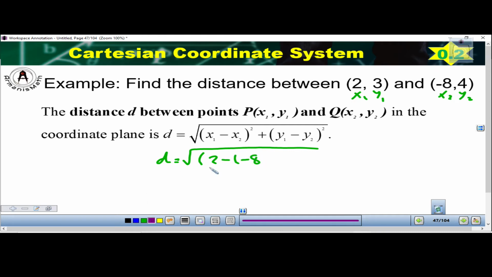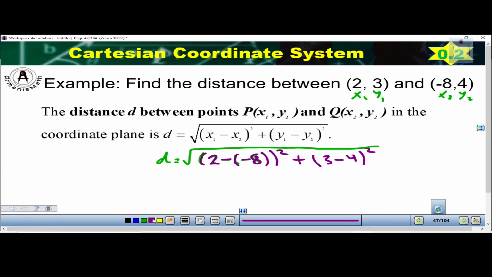Okay, the whole thing squared, quantity squared, plus got the y1, which is 3, minus y2, 4, and that is squared. All this is under the square root.